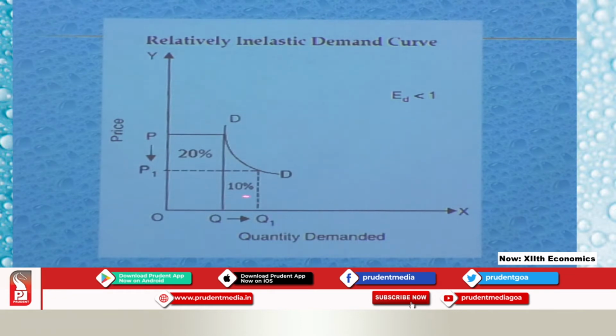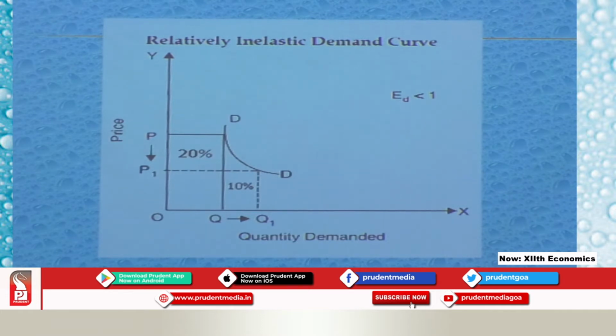Here the price has fallen by 20%, but what do you observe about demand? Demand has increased by just 10%. So, therefore, in this case, although the price changes by a large amount, the consumer does not react much and therefore, he increases his demand, but by just 10%, or less than 20%.